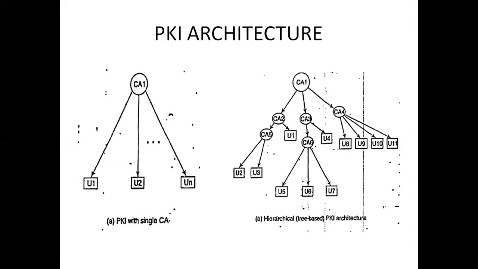Then the certificate signed by CA6 confirming U5's public key. It is assumed that each node has a copy of the root's public key. So upon receiving the above certificate chain, U1 can verify the signature on the first certificate using CA1's public key. So this is what the hierarchical tree-based public key infrastructure is.